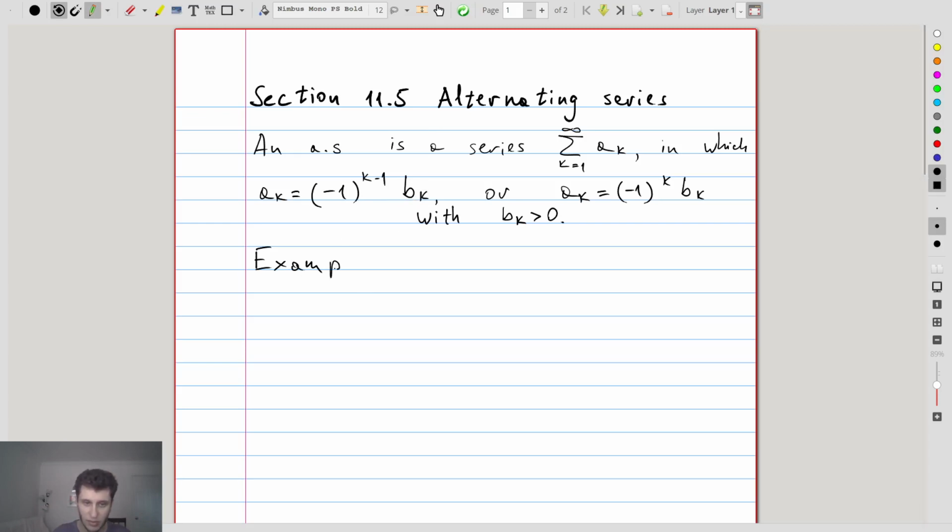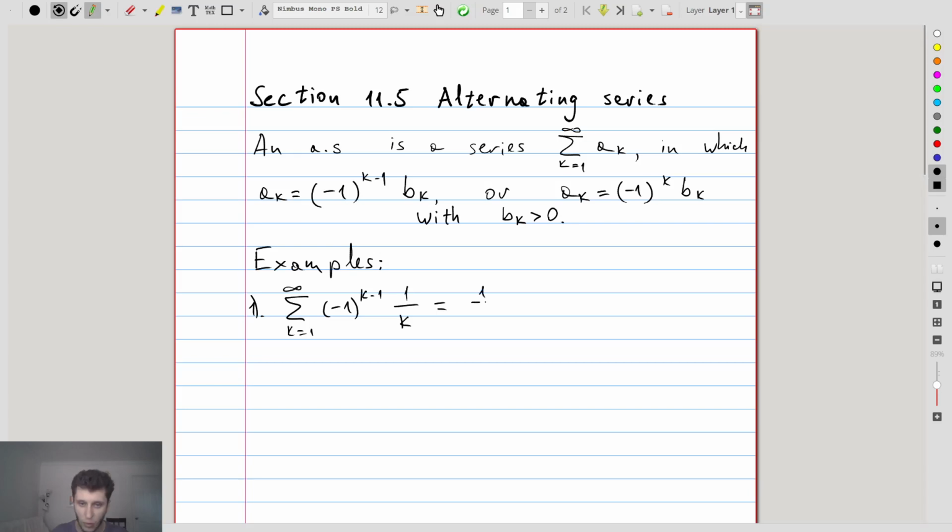So let me give you some examples. The first example is the sum from k equals 1 to infinity of (-1)^(k-1) times 1 over k. So what the series looks like is it starts off positive. For k equals 1, the exponent of -1 is 0, giving us 1.